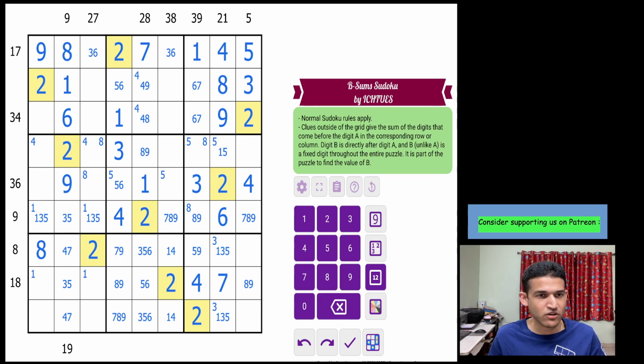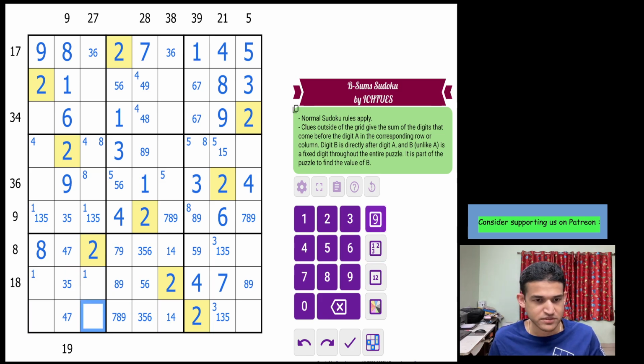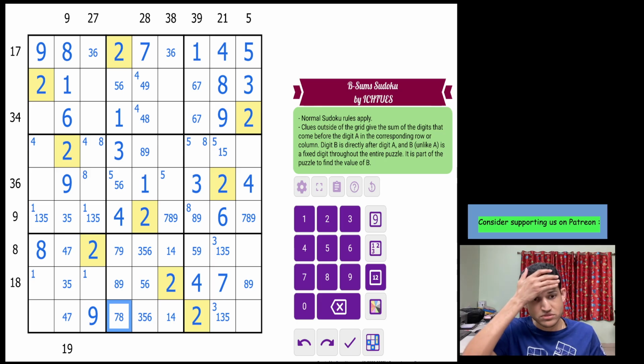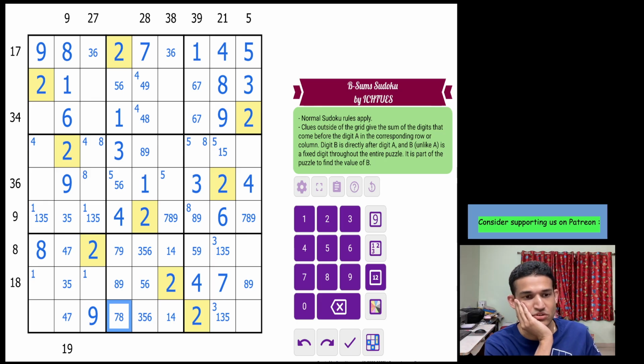Beautiful guys. 9 in column 3. Where does it go? It cannot be here because we know that these 4 cells sum up to 18. So 9 cannot be here. So this is a 9. That means that's not 9. Wow. Slow but steady progress.